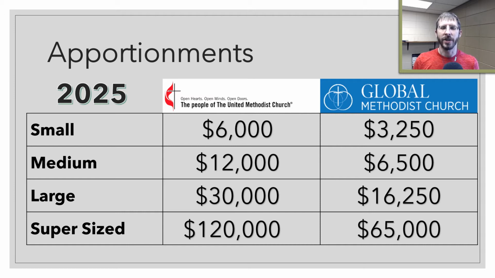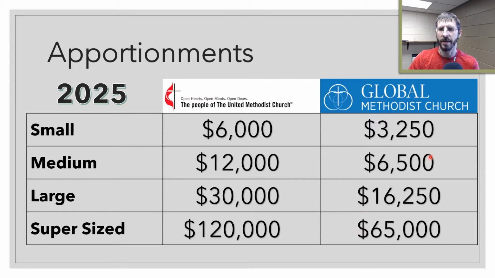All right, in 2025, the Dakota's UMC should be planning on taking another step down to 12%. For the Global Methodist, I used their transitional Book of Doctrines and Discipline, and there they list out the max apportionment, connectional funding, of 6.5%. So I just went with the assumption that they're going to hit that max number of 6.5%.